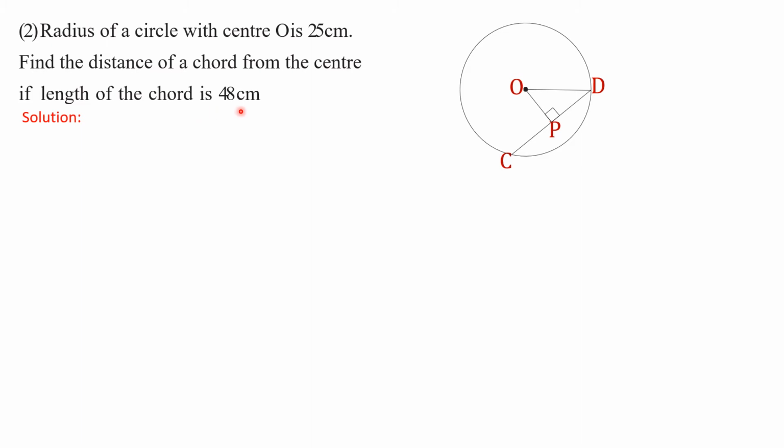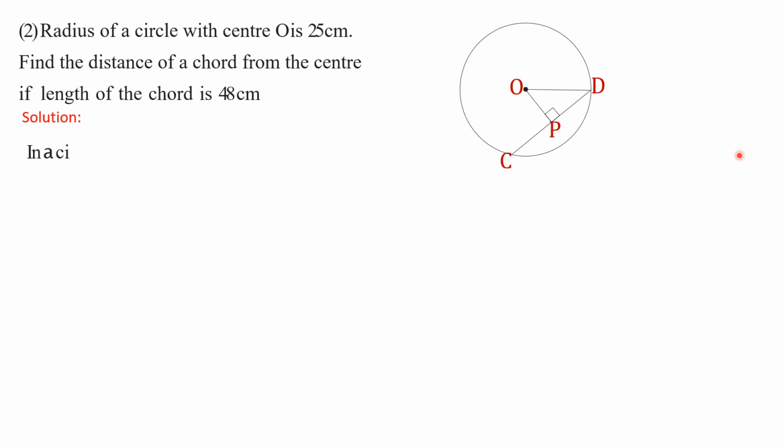If the length of chord CD is given as 48 centimeters, when we draw a perpendicular from the center of the circle to the chord, it bisects the chord. So we find out PD. In triangle OPD, angle P is 90 degrees. Therefore, by Pythagoras theorem, we find out OP.